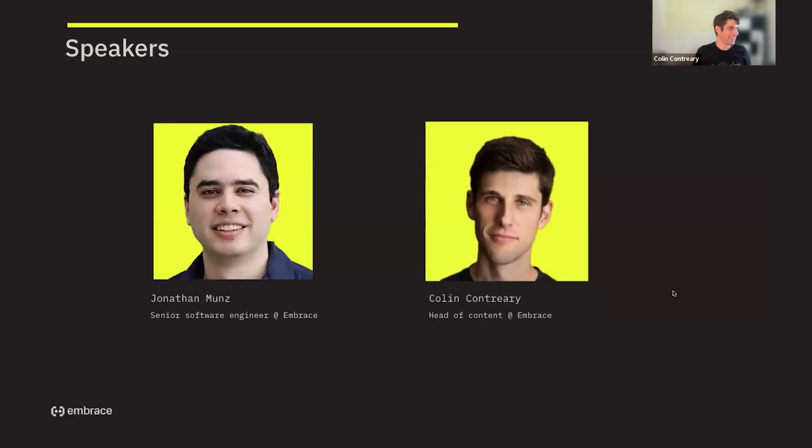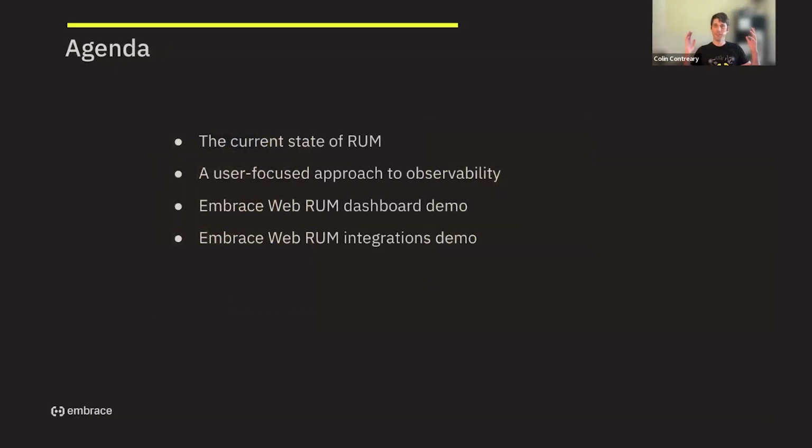So let's share what we are going to be talking about today. First, we'll start with what current approaches to real user monitoring are, and what some of the challenges are with using these tools to measure and improve user experiences. We'll then move into what rethinking observability with a user-focused approach looks like, and why it offers several benefits over existing RUM solutions.